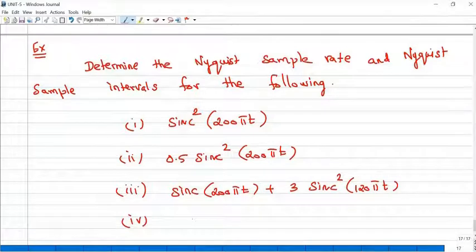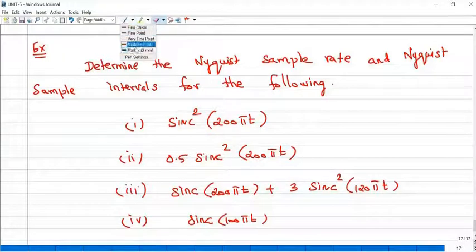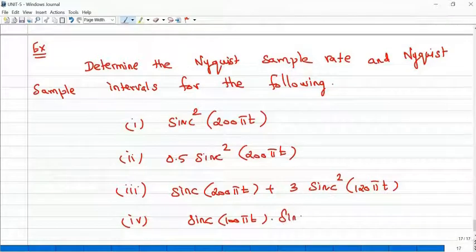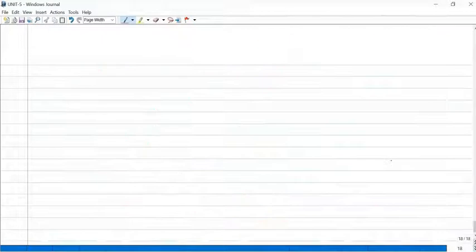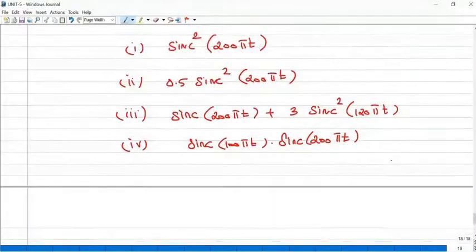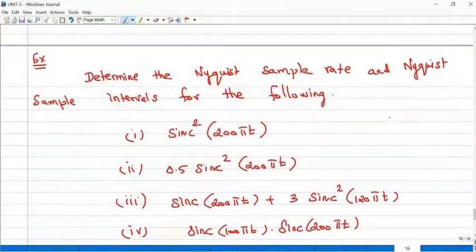And the last one is a product: sin of 100 pi t multiplied with sin of 200 pi t. So for these signals, we have to find the Nyquist sample rate, that is Fs, and then 1 by Fs, Ts, the Nyquist sample interval.